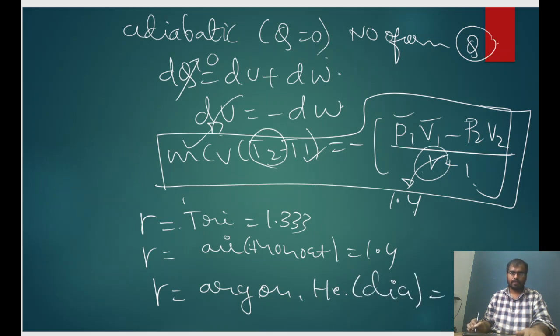For diatomic gases, the value of gamma is 1.66 or 1.63. Remember this gamma value. If in the question they have given like argon is expanding in cylinder, don't take 1.4. That is wrong.